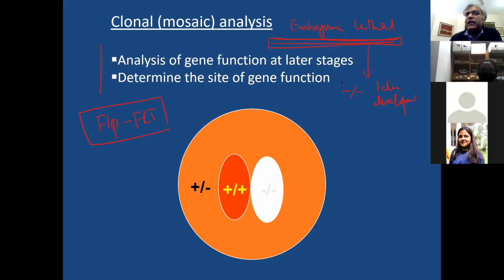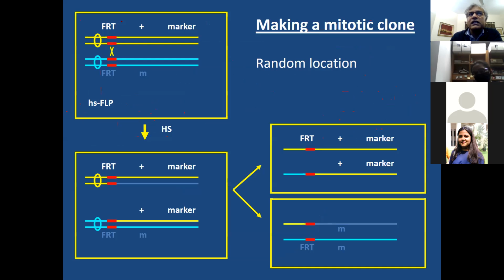And in flip FRT, since this was part of the assignment, I'm not going to explain it to you. You can maintain your mutant as a heterozygous over a balancer. I gave you an assignment for balancers as well. And then using the flip FRT system, you can generate clones. These are the flip FRT.